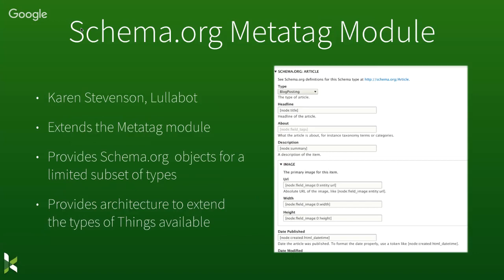In the content type, it would have all these different fields: what's the recipe title, what's the cook time, what are the ingredients, add more, and a body and stuff like that. The advantage of this module specifically, and the way that Drupal does structured data, is that in the headline you see bracket, node, colon, title, bracket. That's a token. So every time you view content of type recipe, it's going to put the title of the recipe in the JSON-LD or whatever format you pick.